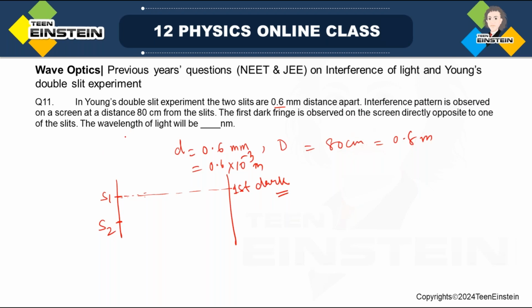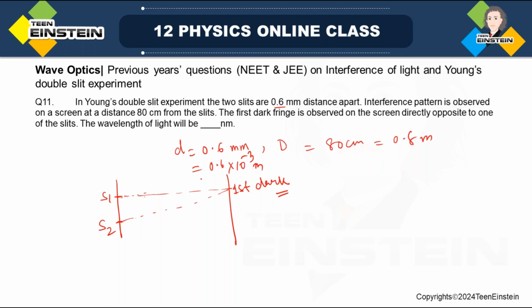So how to solve this? We need to know what path difference you require. When they're exactly opposite to each other, let me just draw this also. So what will be the path difference in this case?